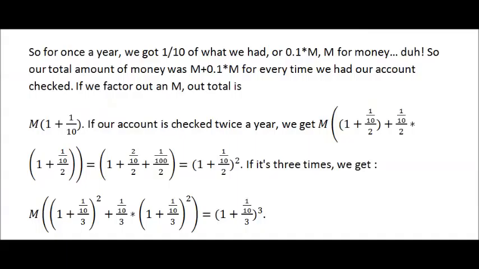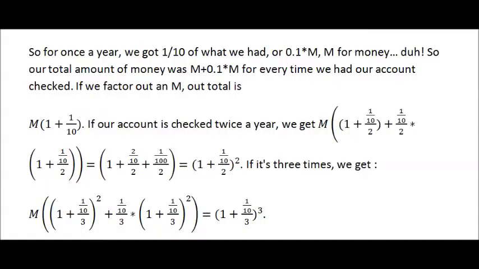So for once a year, we get 1/10 of what we had, or 0.1 times m, m standing for money. So our total amount of money was m, the amount of money we started with, plus 0.1 times m, because we get 10% of the amount of money we have at the end of the year. If we factor out an m, our total is m times (1 plus 1 over 10), because 1 over 10 is equivalent to 0.1.